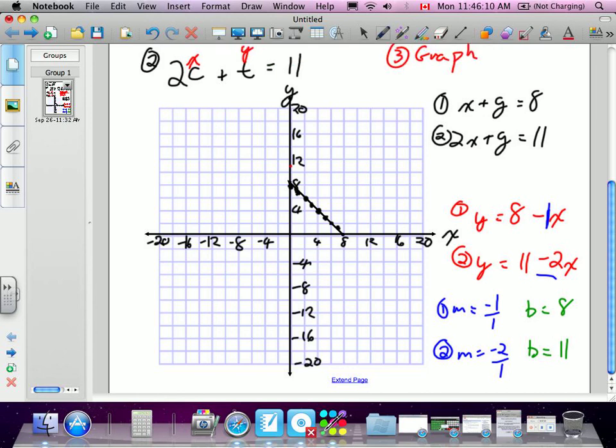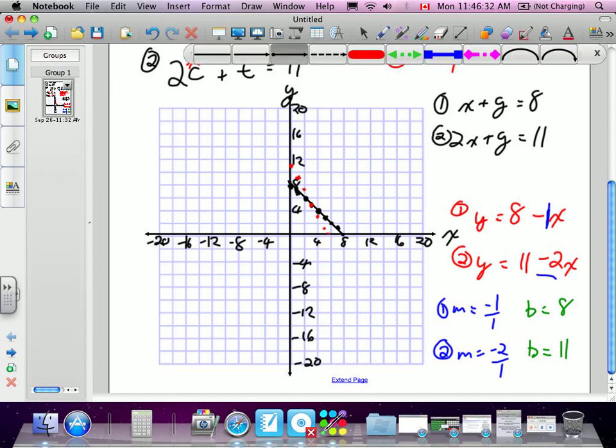So that'd be 1, 2 over 1. Our slope more looks like this. 1, 2 over 1. And then roughly here. So the slope of our second line, I'll do a dotted. Looks like that.